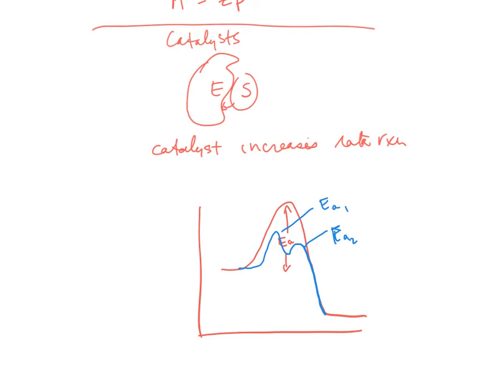This is only in the presence of the catalyst. You got two activation energies. The fact that the first one is higher is saying that the rate of the first step is slower than the second step.